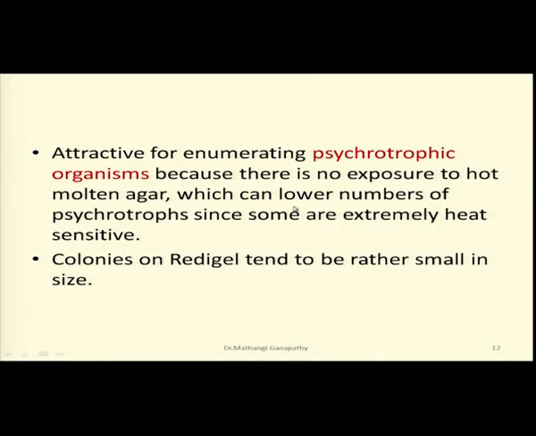This is normally used for enumerating psychrotrophic organisms because there is no exposure to hot molten agar, which can lower the numbers of psychrotrophs since some are extremely heat sensitive. Now, when we are checking the microbial count of refrigerated products, for example meat which has been kept frozen for some time, after a particular number of days you want to take it out and check whether there is microbial growth.